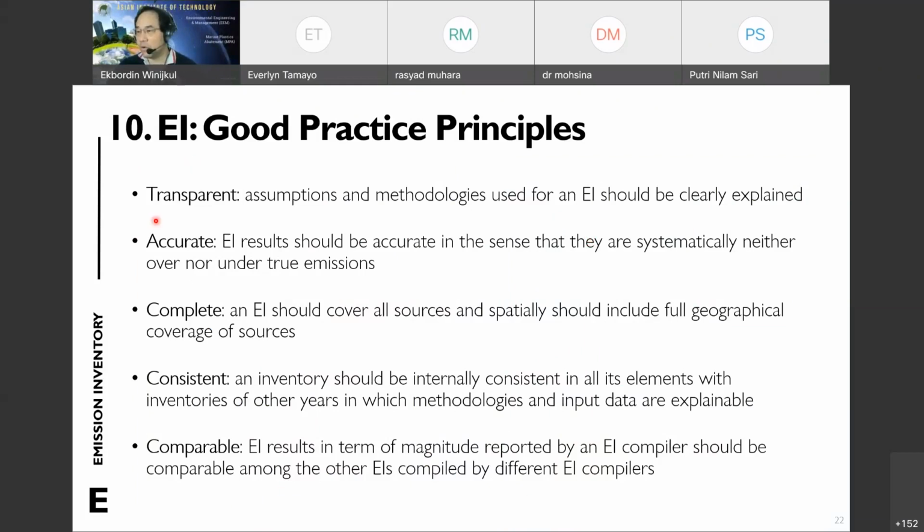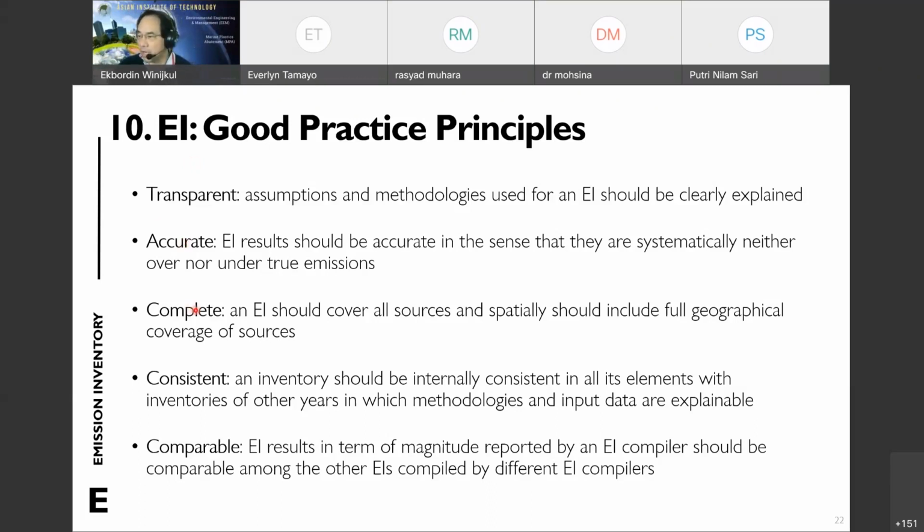Usually we don't know whether your inventory is accurate or not, but we should have some level, okay, your emission inventory should be in the unit of maybe teragram or 10 to the power 6 gram per year or something like that. So it needs to be not over or lower than that level.